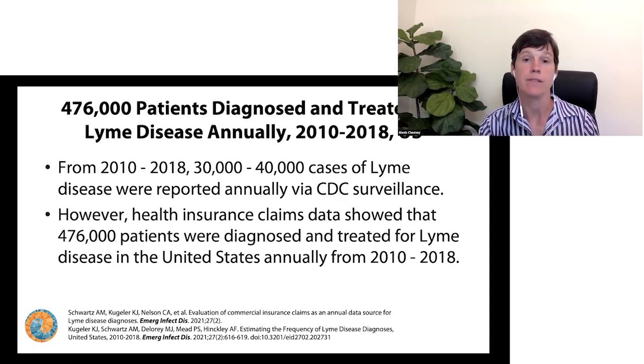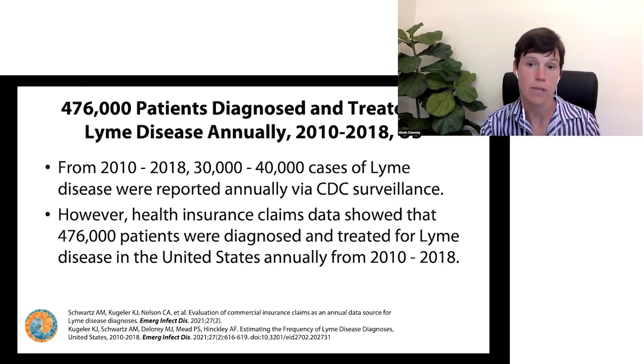And then we have this other study from 2010 to 18. They were saying it looks like 30 to 40,000 cases of Lyme were reported by the CDC. However, health insurance claims data showed that 476,000 patients were diagnosed annually from that period of time.